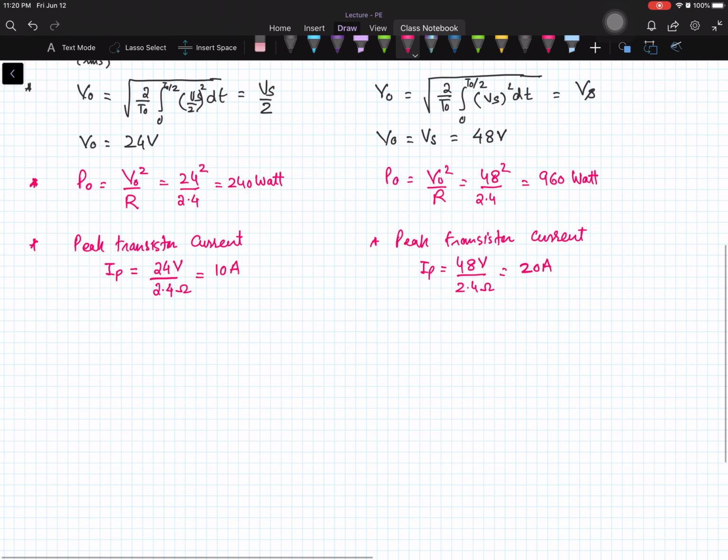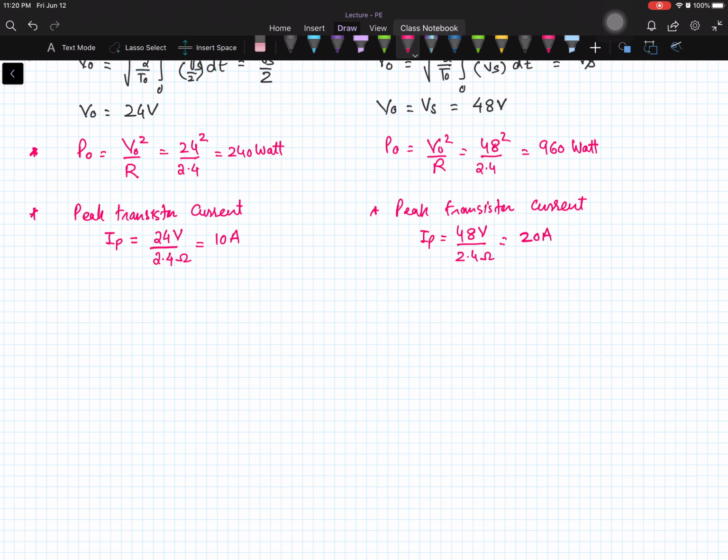Okay, now let's calculate the average current of each transistor, let's denote it with IQ. The total current is 10 ampere, but there are two switches.